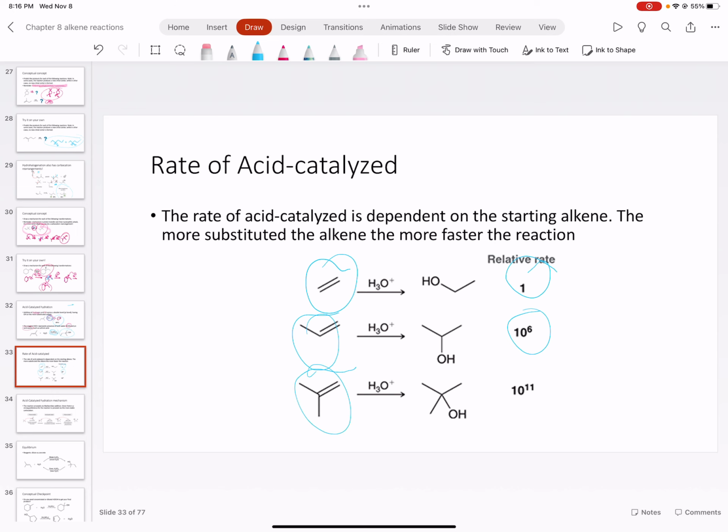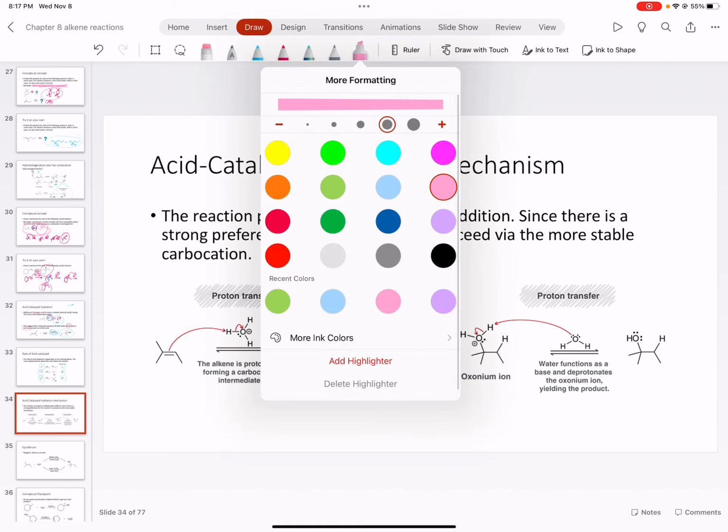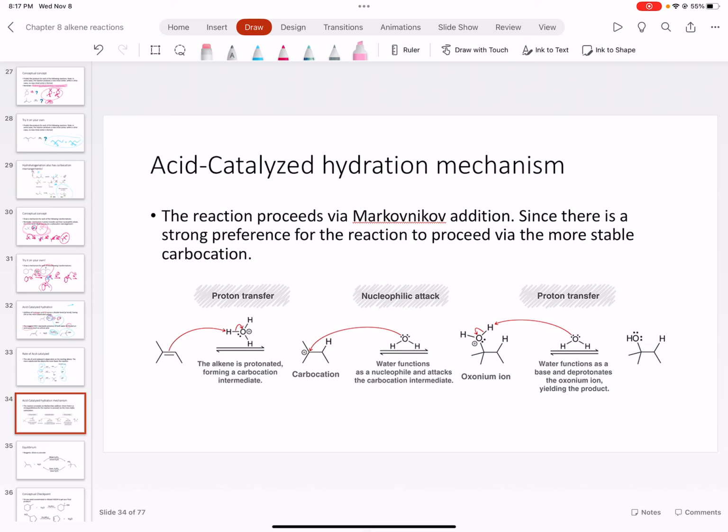And here we have 2, so it's 10 to the 11, and so on. So then the reaction proceeds via Markovnikov addition. There is a strong preference for the reaction to proceed via the more stable carbocation.